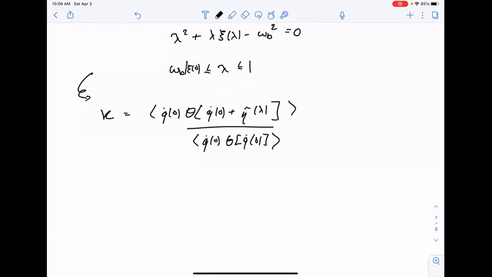A useful way to actually evaluate these integrals is to note that the step function has a Fourier transform representation. Like so, which actually follows from differentiating both sides and the usual Dirac delta function Fourier representation.